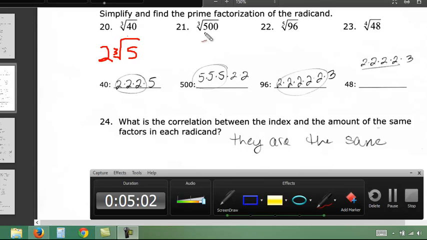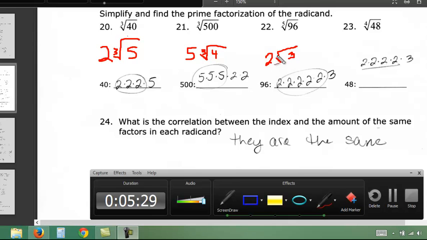The 500 broke down to 3 5's, and when you saw it, there was a 5 on the outside, and you had leftover of 4. So the 96, it's the 5th root of 96, and notice there were 5 2's.